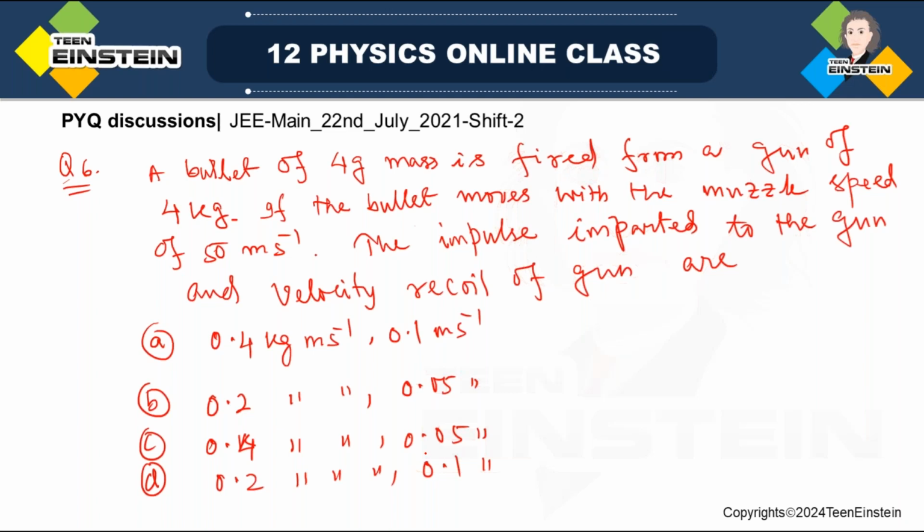If the bullet moves with muzzle speed of 50 meter per second, find the impulse imparted to the gun and the velocity of recoil. This question is actually very simple. So how to solve this problem? We have to solve this question by the law of conservation of momentum.